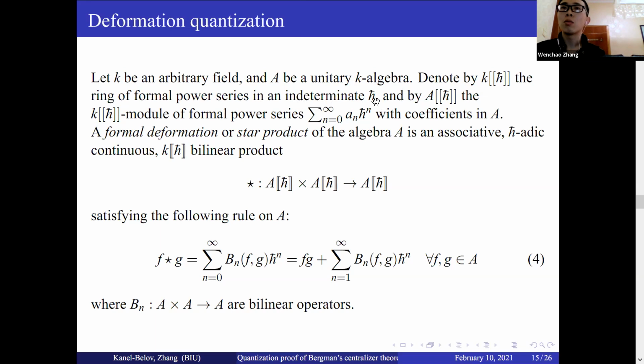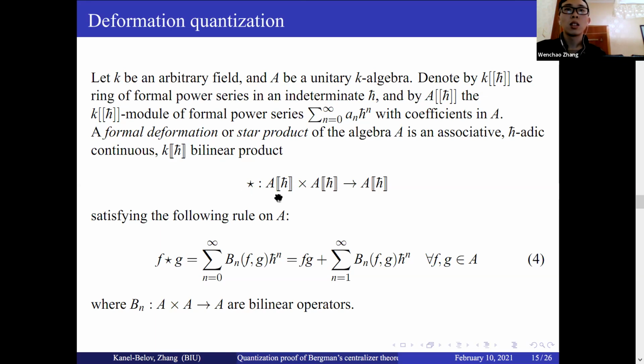This is somehow a smaller indeterminate, and we will show it after we do some reduction modulo h bar squared, something like that. And A[[h bar]] is the K[[h bar]]-module of formal power series with coefficients in A. So what is a formal deformation? A formal deformation, or star product, of A is an associative, h-adically continuous, K[[h bar]]-bilinear product.